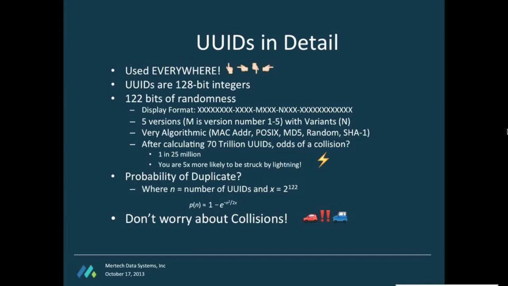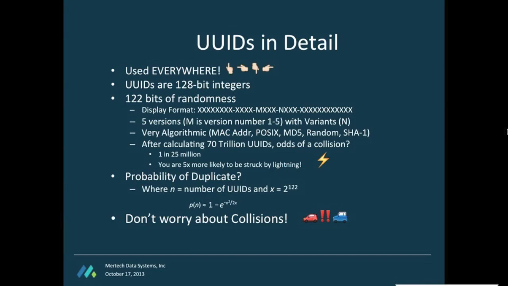For UUIDs, you would think that something like that might follow, but because the address space that we're covering is so much larger, it takes a long time before you get to any realistic odds of a collision. Just to get to 50% odds, which is very high, you have to be somewhere in the range of about 45 quintillion generated UUIDs.